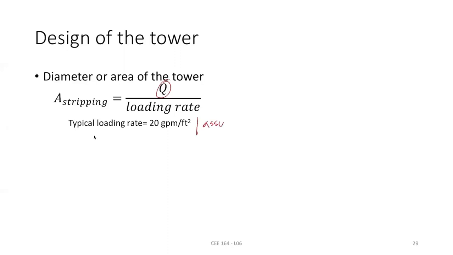Wait, sorry, is the typical loading rate for how much air you're adding or how much water you're adding? The typical loading rate is the amount of water you are adding, because what you are treating is water, not air. Imagine you are pumping groundwater, so it's all connected to groundwater.